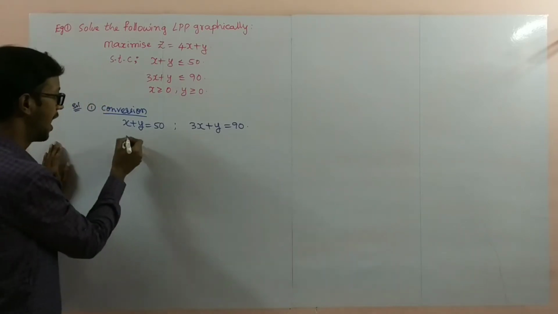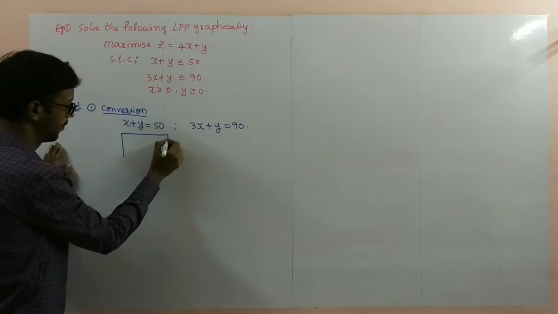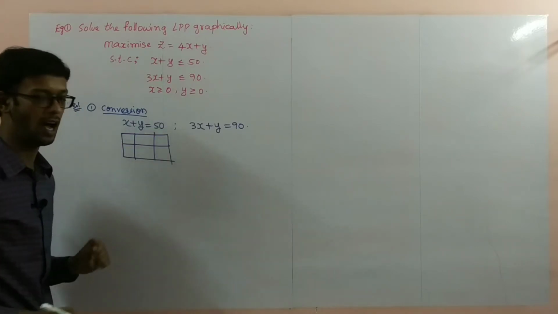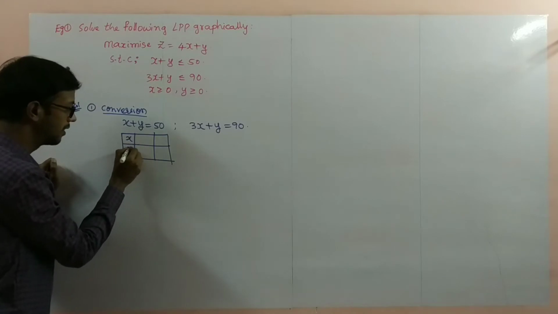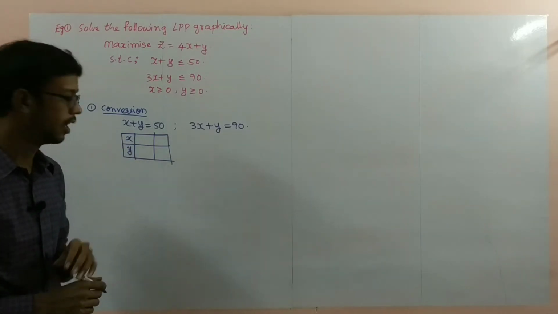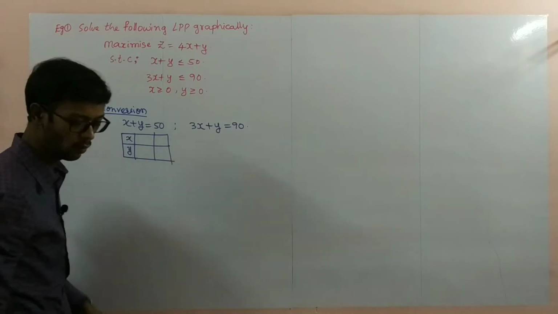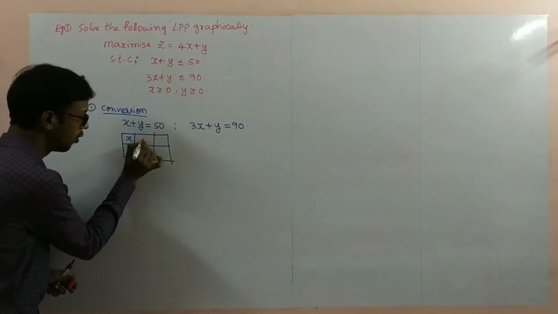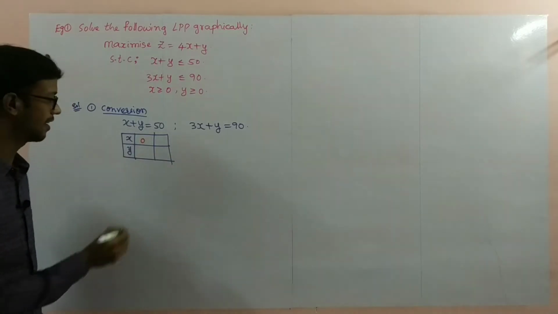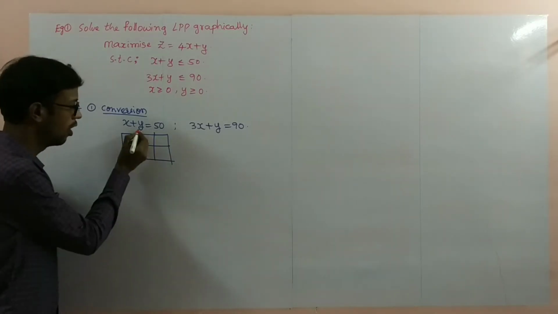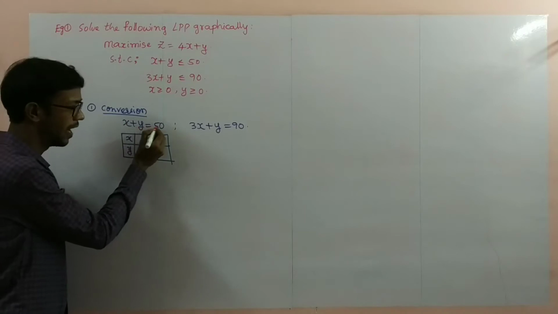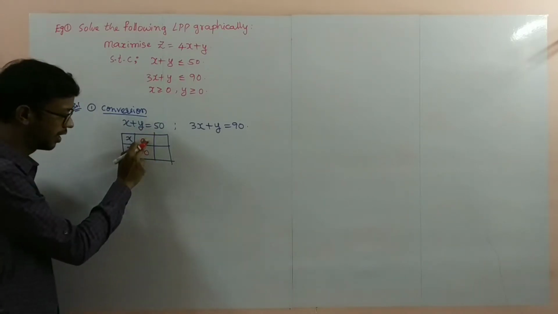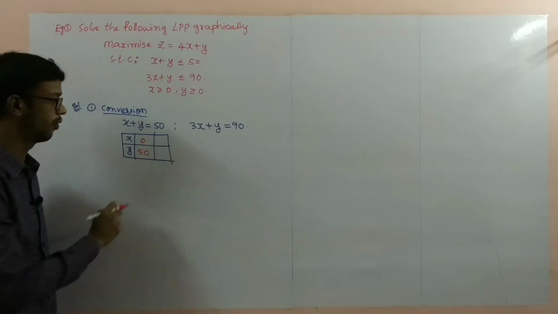After that, draw a box here. Write down x and y. Substitute x equal to 0. If you substitute x equal to 0 in this equation, y equals 50. Write it down: x equal to 0, y equal to 50.